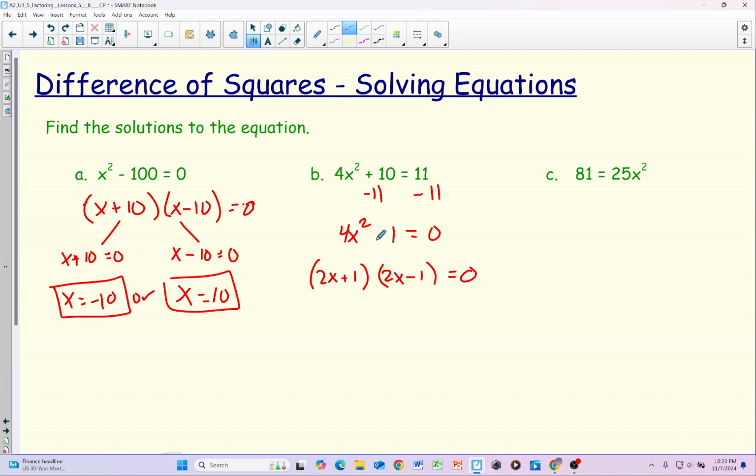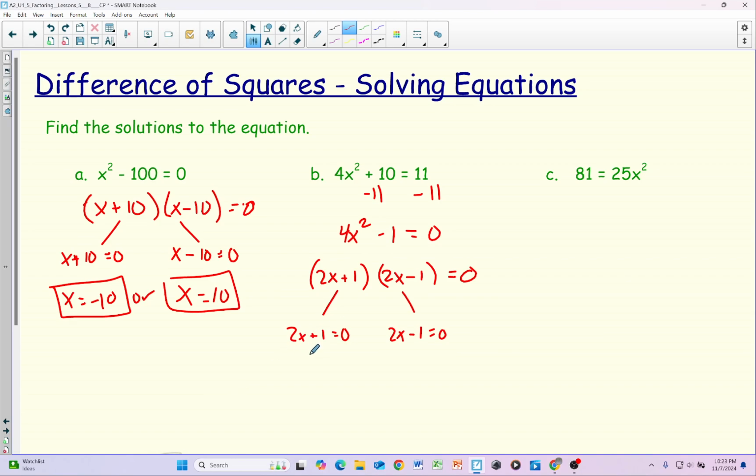So again, we can break it down. 1 times 1 is 1, right? Okay, so once again, 2x plus 1 equals 0, 2x minus 1 equals 0. And again, this works because the expression equals 0, so one of these pieces has to be 0.